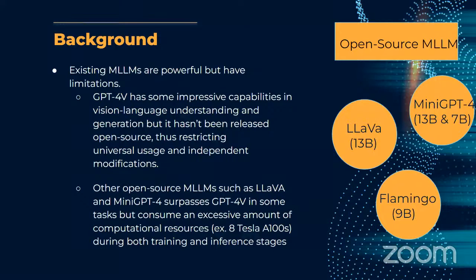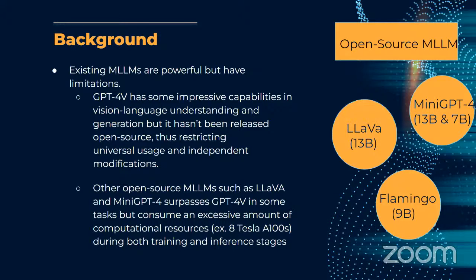let's now understand the background. In this particular context, let's understand the limitations and drawbacks of our existing MLLMs. The most powerful being GPT-4. The problem with GPT-4 is that it has restricted usage policies, as it is not open sourced by the developers for independent use.